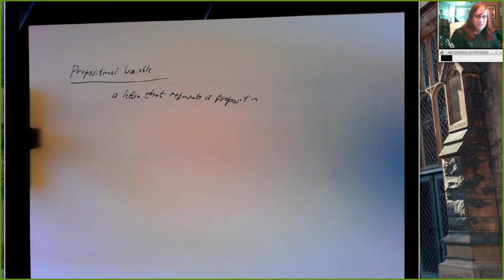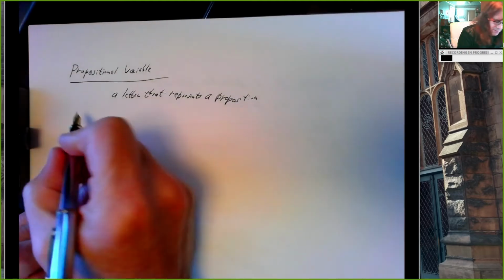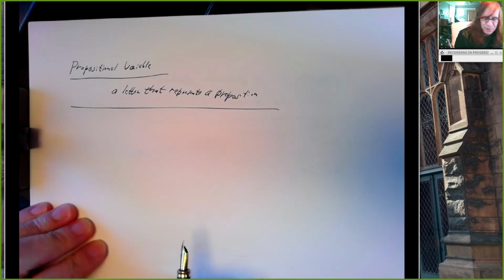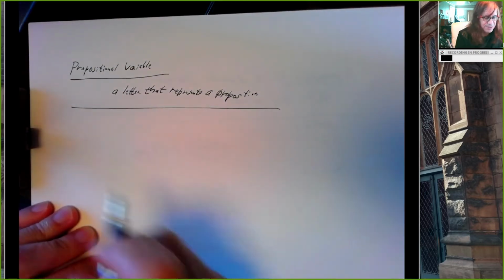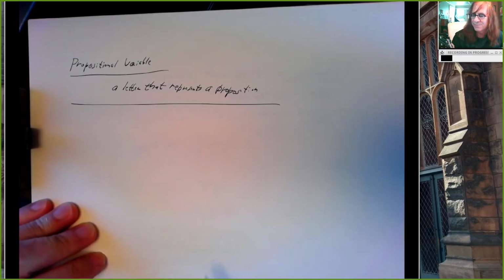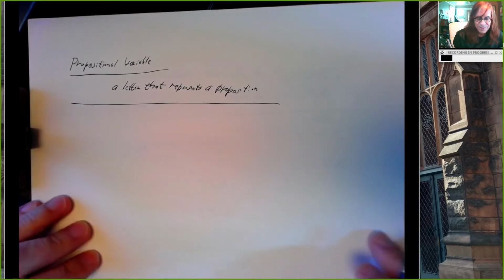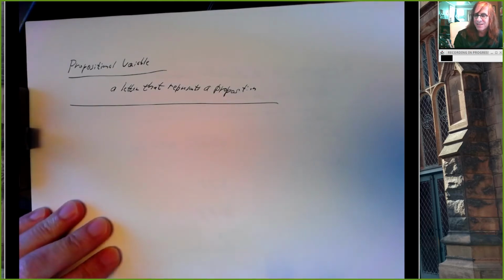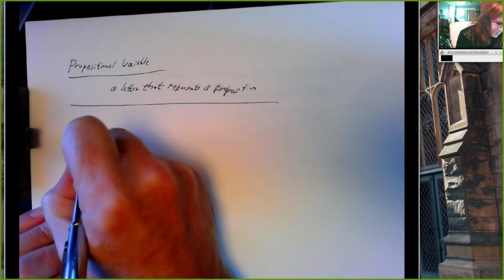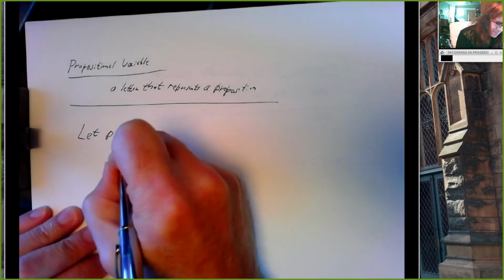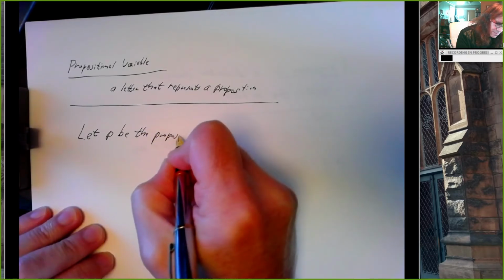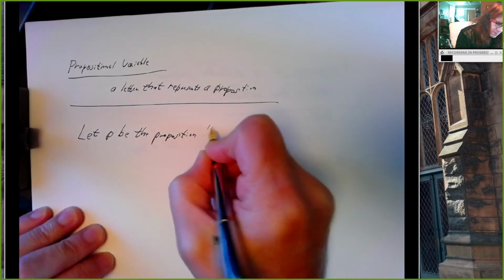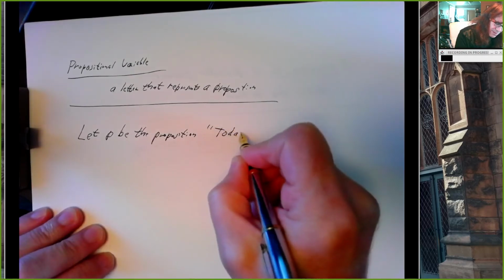Suppose we have the proposition that today is Wednesday, and I want to use a propositional variable for that as part of a proof. Here's a correct way to write that, which will get you full credit for this part of your proof: Let P be the proposition, quote, "today is Wednesday."